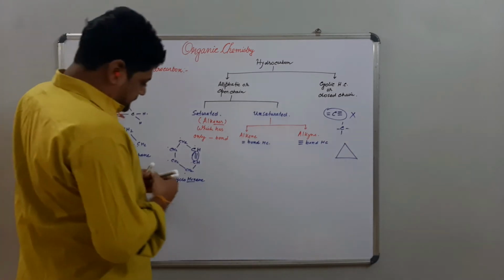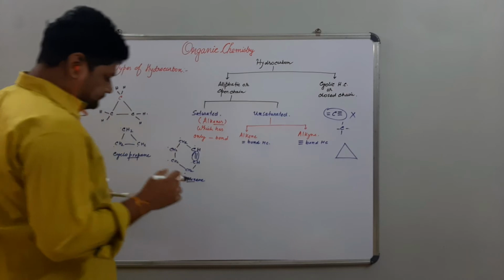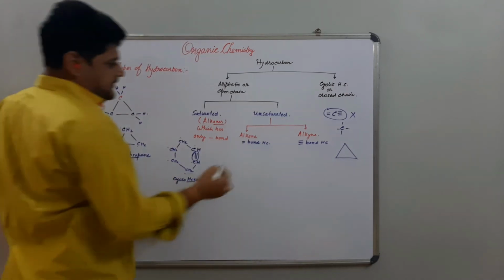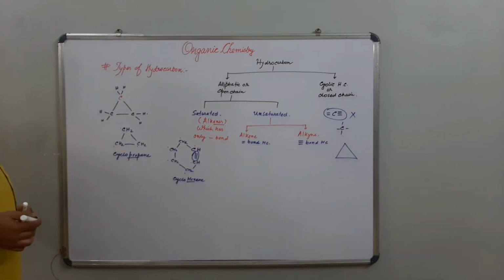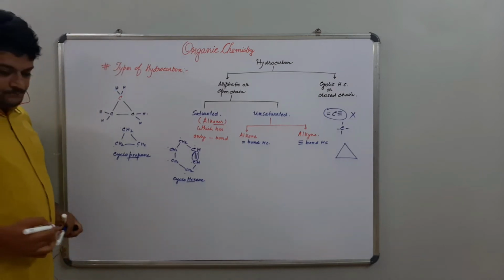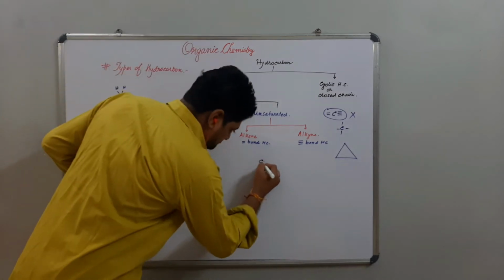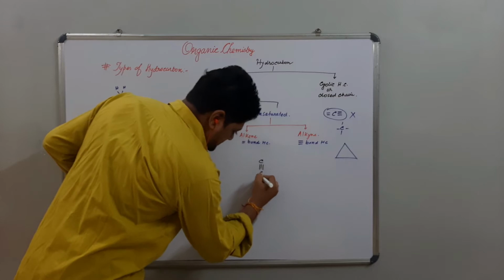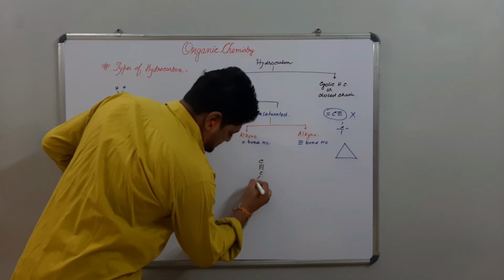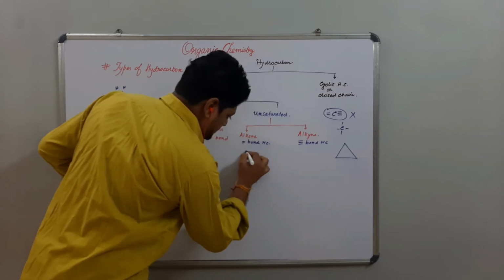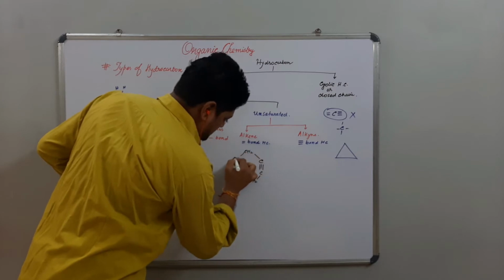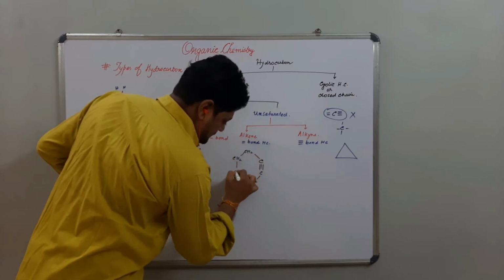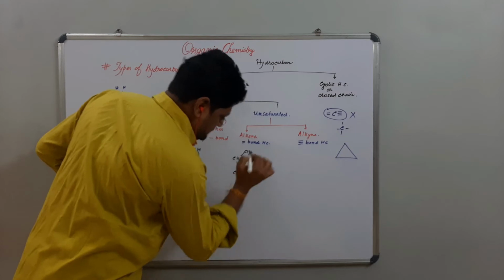Like this we can give an example associated with a triple bond: C, then CH2, here CH2, here CH2, here CH2, like this.